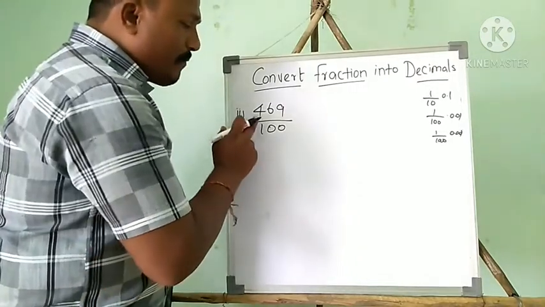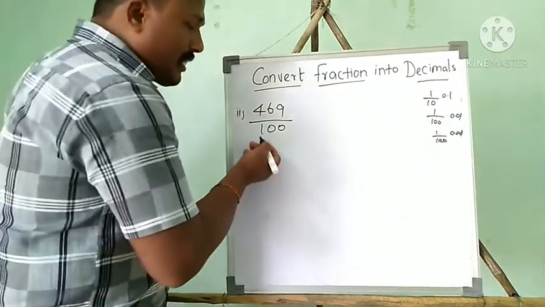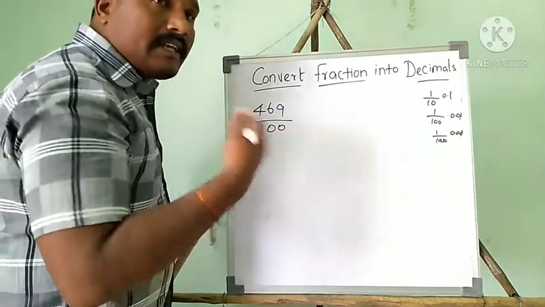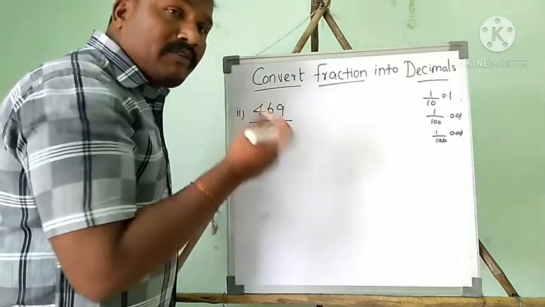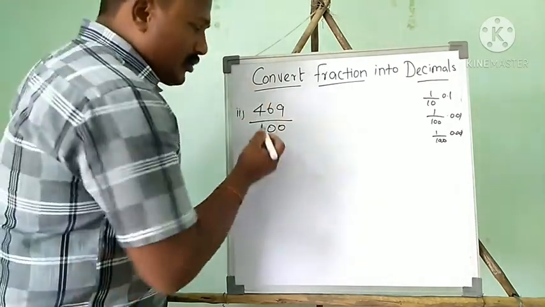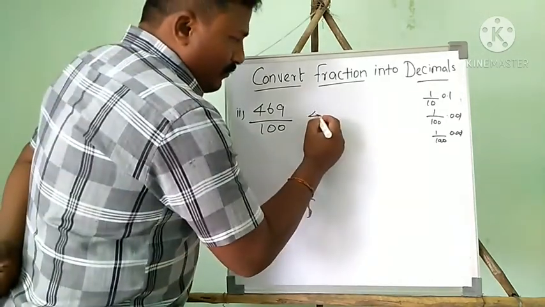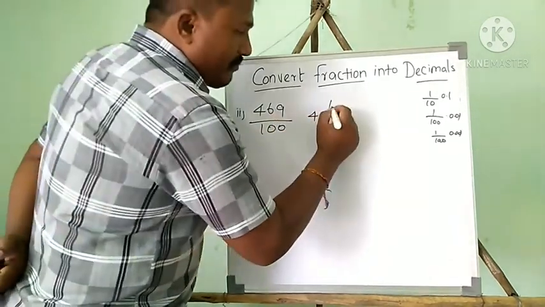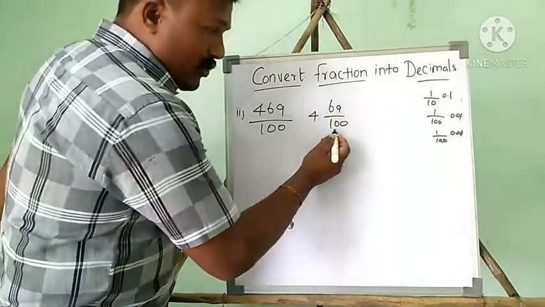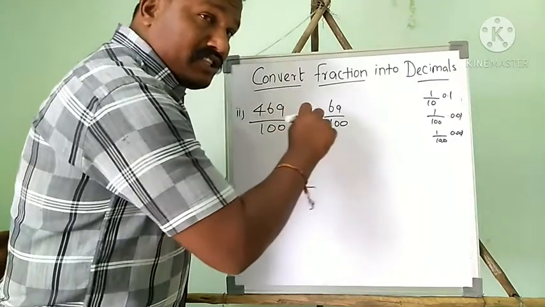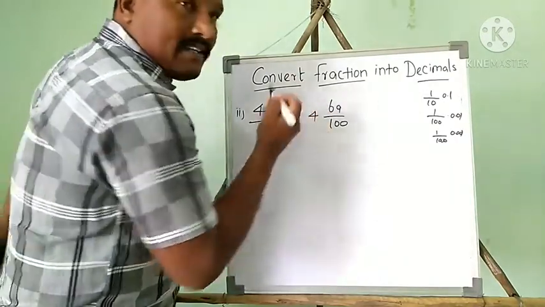It's an improper fraction. Here 100 is the denominator, but they have taken 469, which is not possible. So I am going to convert it into a mixed fraction. I will take 400 outside, and the remaining 69 is divided by 100. If you want to convert a mixed fraction into an improper fraction, you multiply and then add, as you know very well.